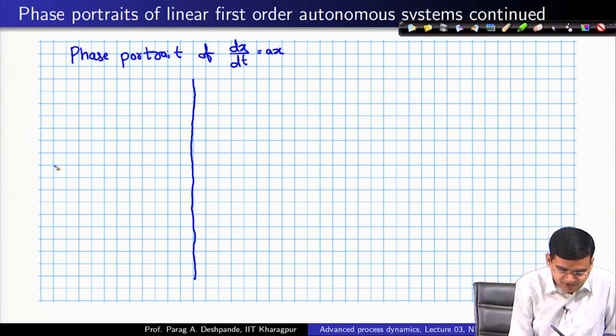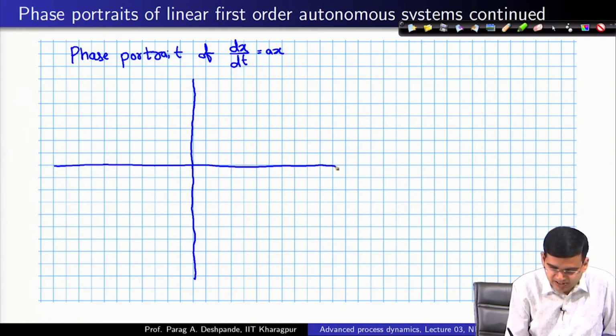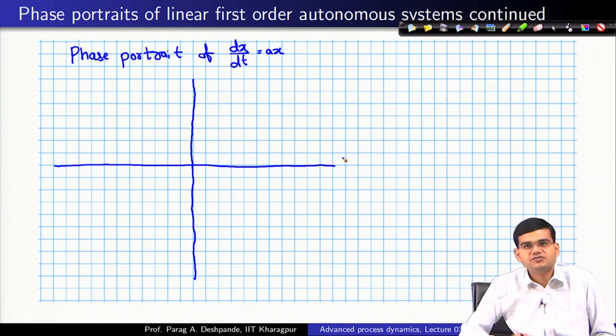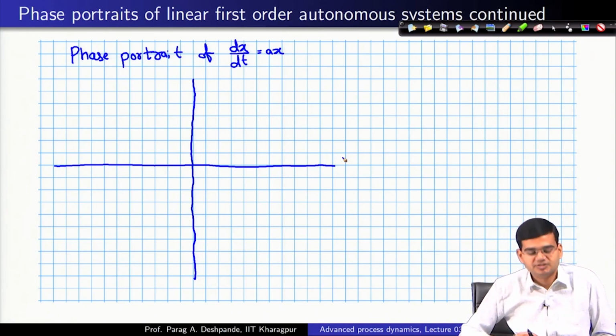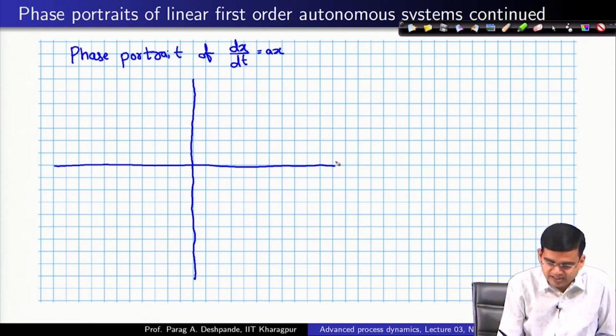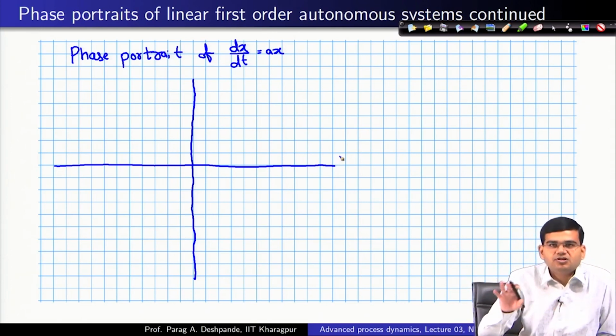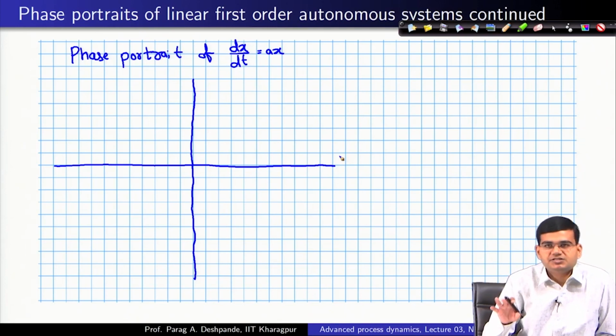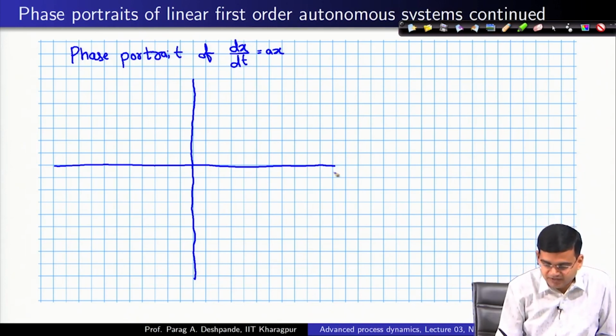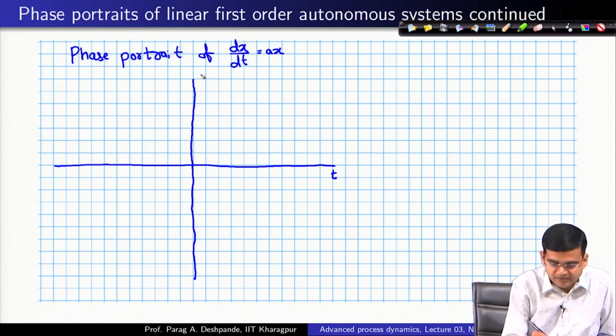As I said, for your specific problems, t can be only positive, and the value of the variables can be confined to some specific value, but for the sake of mathematical completeness, let us look into all the possibilities which the system can sample. So, I have time t here and I have x here.